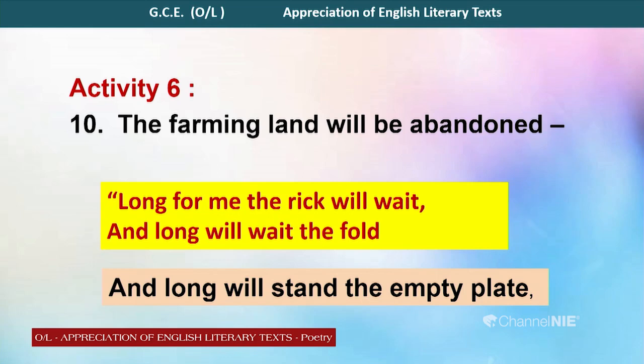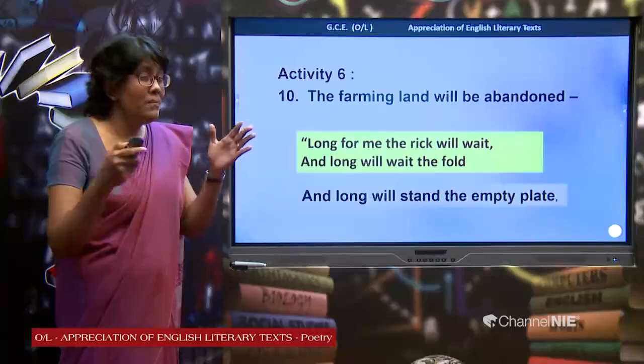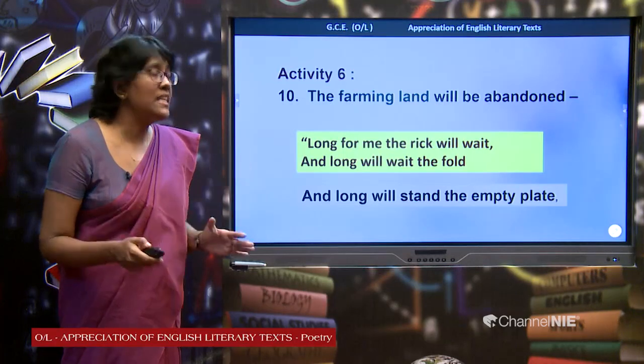Long for me the rick will wait, and long will wait the fold, and long will stand the empty plate. So you can clearly identify through these lines that the farming land will be abandoned. There will be no person to work in the farm.